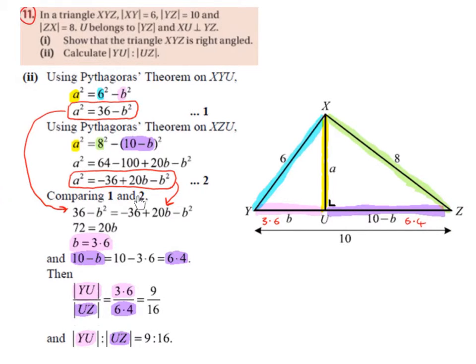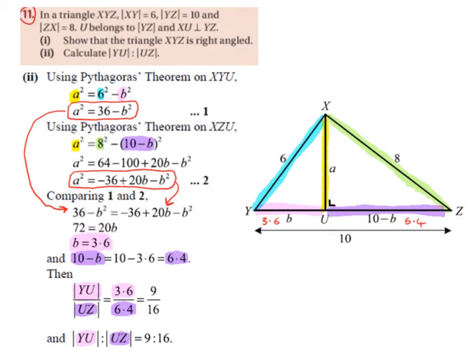Comparing equation 1 and equation 2, we see that both of them are equal to A squared. A squared equals 36 minus B squared, and A squared equals minus 36 plus 20B minus B squared, so we can let them equal each other. So 36 minus B squared is equal to minus 36 plus 20B minus B squared.